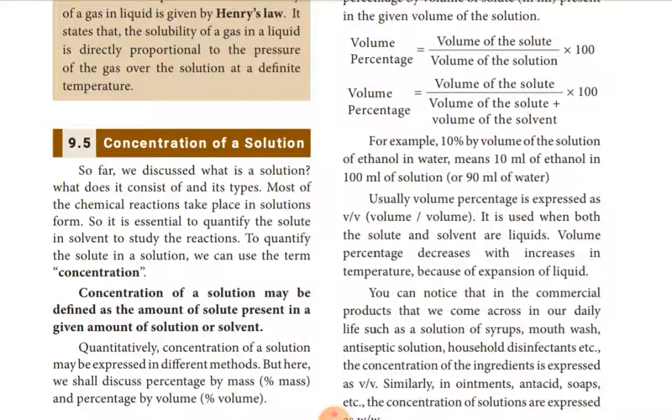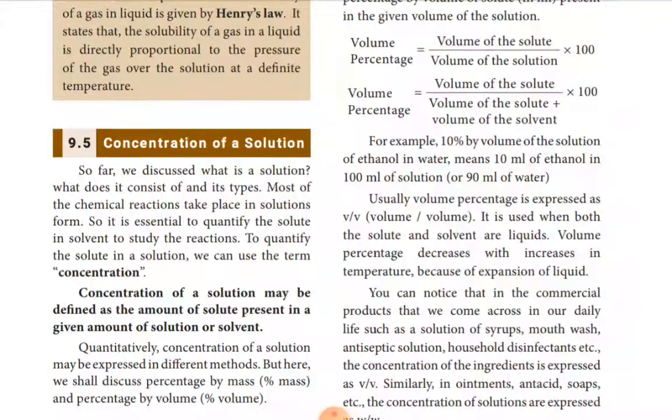Then you can notice that in the commercial products that we come across in our daily life, such as syrup, mouthwash, antiseptic solution, household disinfectant, etc., the concentration of the ingredients is expressed as V per V, that is volume per volume.